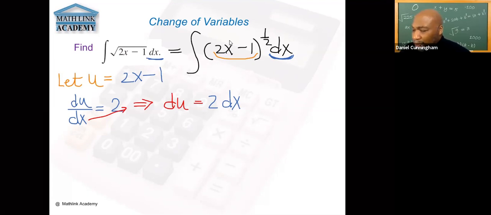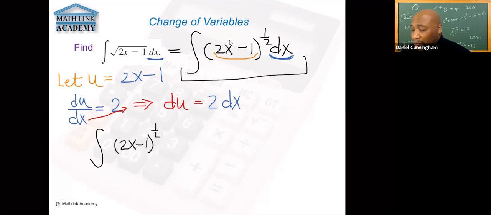I'm going to say the integral, using this one up here, of (2x minus 1) to the 1/2, I'm going to force a 2 to be here, dx. You only do this with constants. I just changed the problem because it didn't have a 2 there, because I want to substitute this to be du. I want du here.